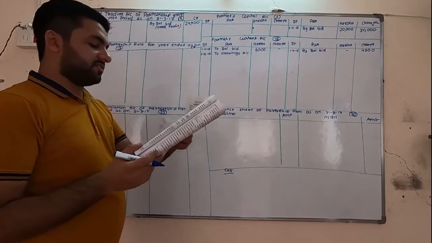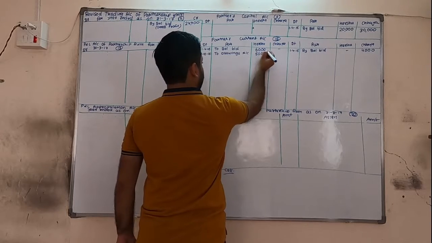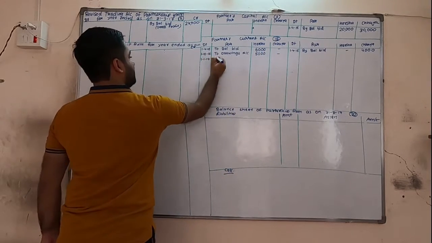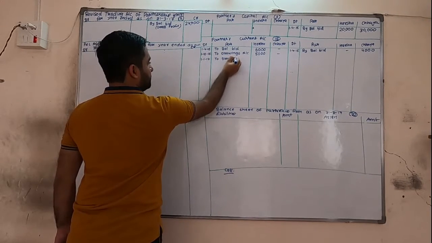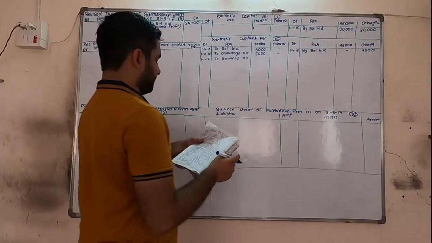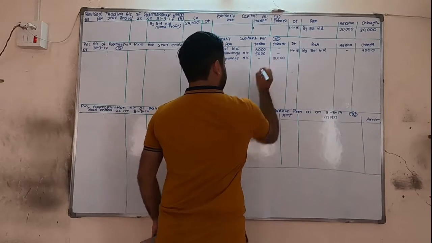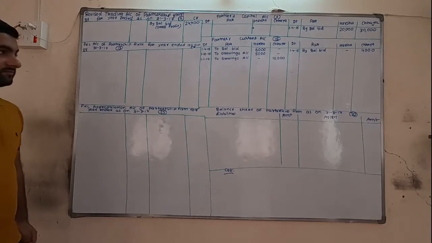Now this 1/10/16 is for Harsha and the amount is 5,000. For Chaya it is dash. Again on 1/1/17, now it is for Chaya, so to drawings account. Whenever we are having different dates, then show it 2 times. For Chaya we have 10,000. Okay. So drawings is complete.